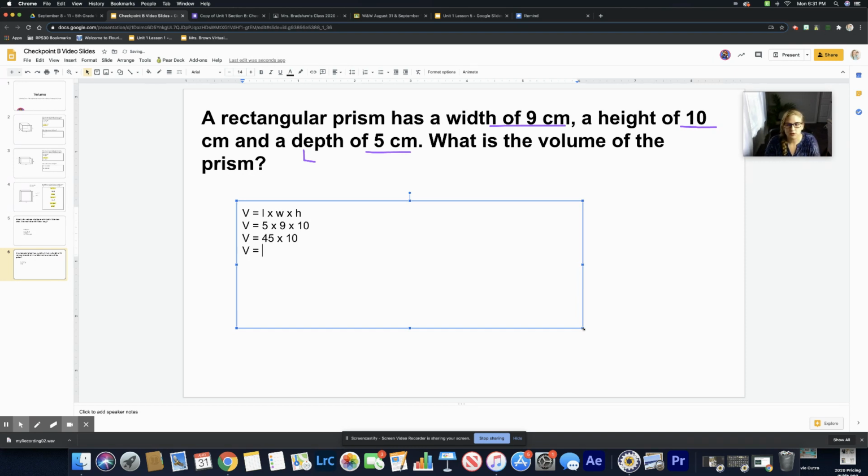Volume equals, I know that 45 times 10 is 450. The reason I know this is by my powers of 10. Every time I multiply by a power of 10, the place value of the number we're multiplying by gets bigger by 1 place value. So I'm adding 1 power of 10, or 1 zero. So volume equals 450 cubic units, or units cubed.